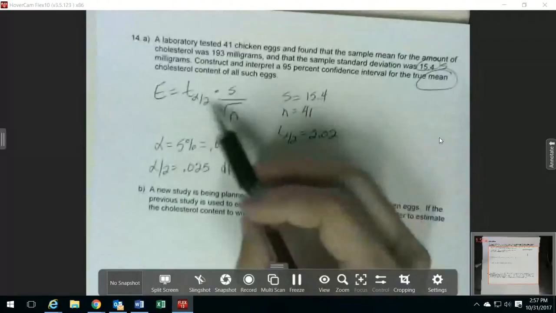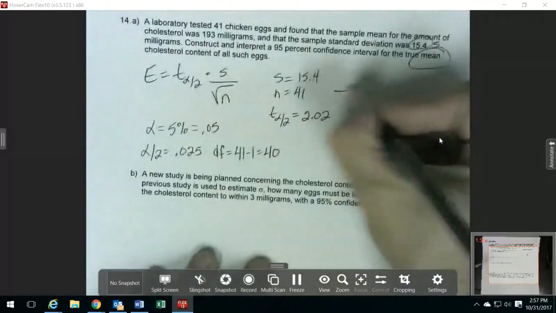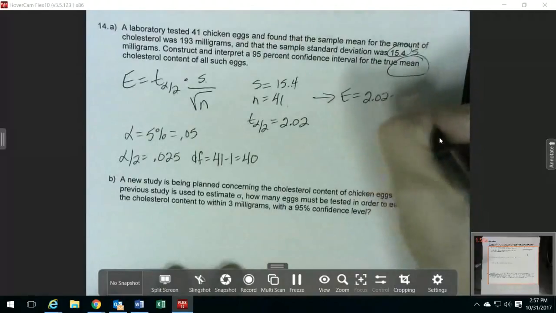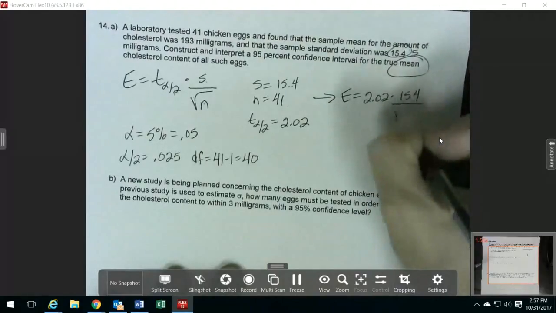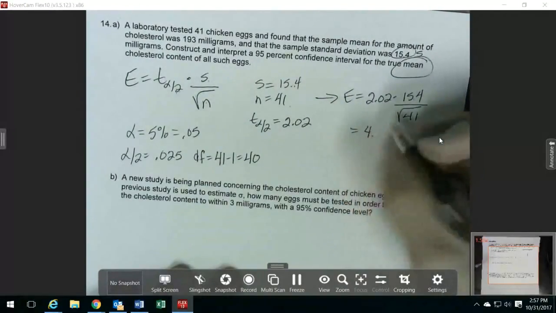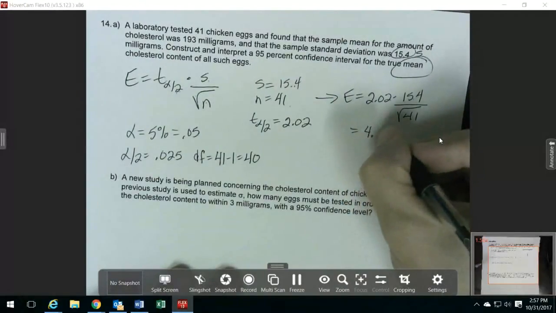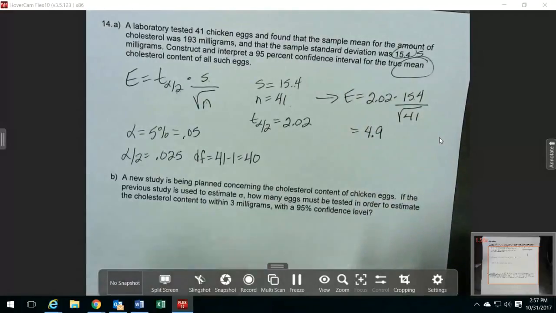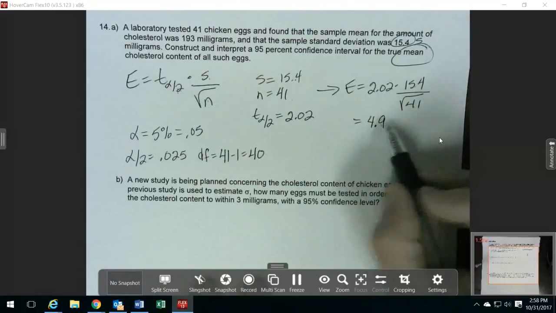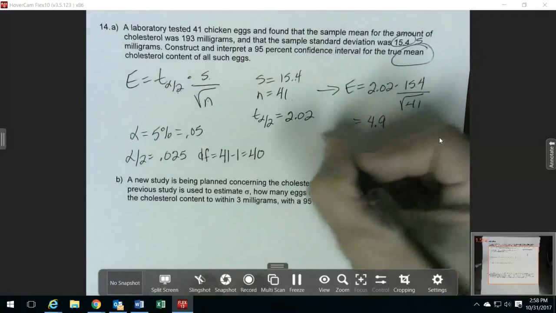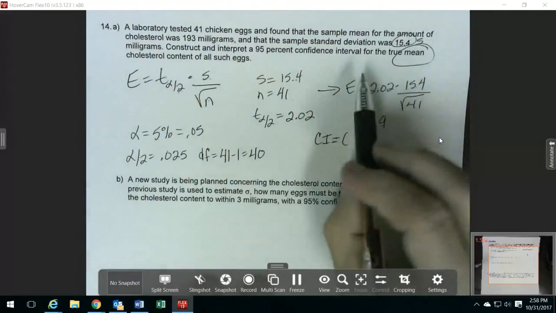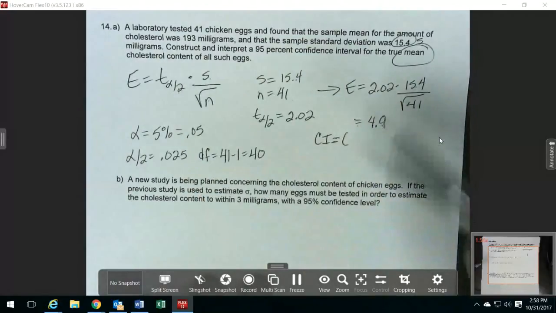So I'm going to plug these three numbers into this formula. So that gives me 4.9. Okay, so this is my margin of error. For my confidence interval, I want to take my point estimate, which is my sample mean.